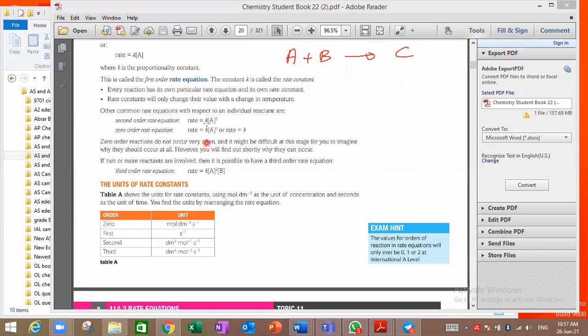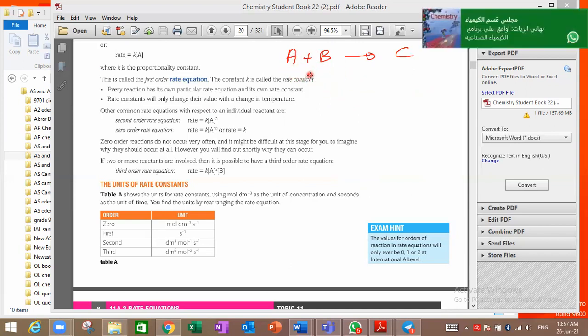Here, we only changed the concentration of A because we only had one reactant. But if we have two reactants, A and B, we have to study each of them and its effect on the rate of the reaction. We are going to study this in more detail, but now we are just studying what a rate equation means.